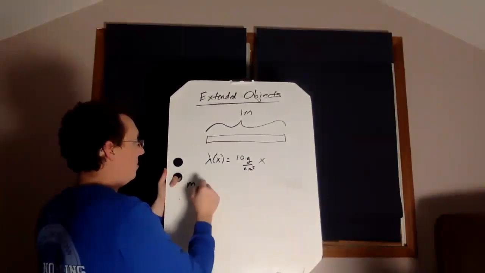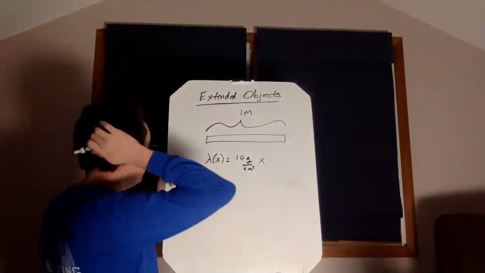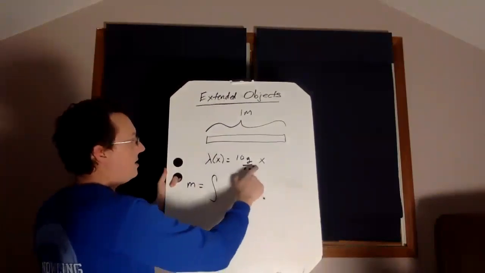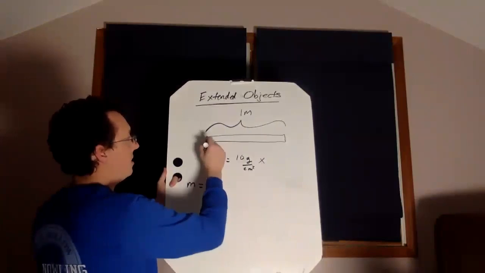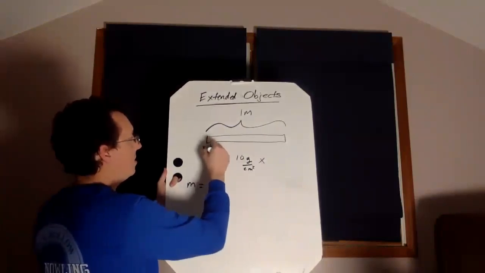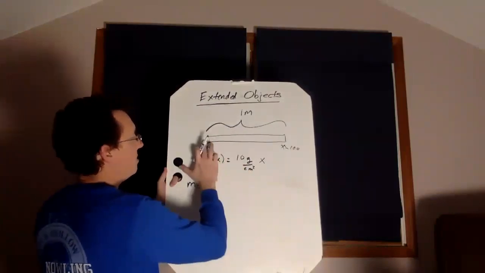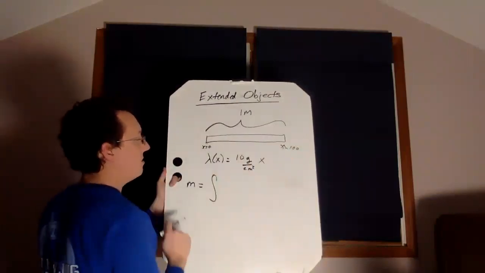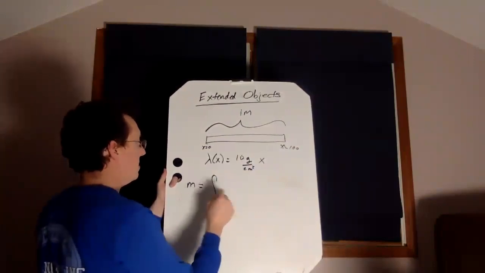Then I work out the formula for the mass. It would be the integral. And incidentally, it's not so easy just to guess the answer because the density is changing. When x is 0 over here and x equals 100 over here, basically, there's no mass over here and there's a lot of mass over there. So what we need to do is perform an integral to calculate the total mass.